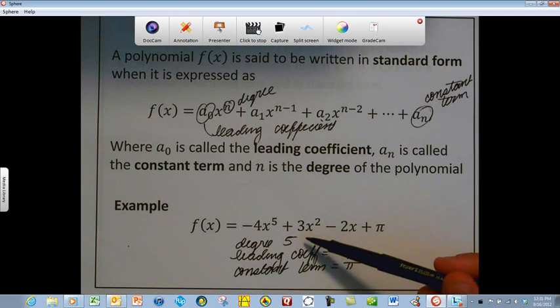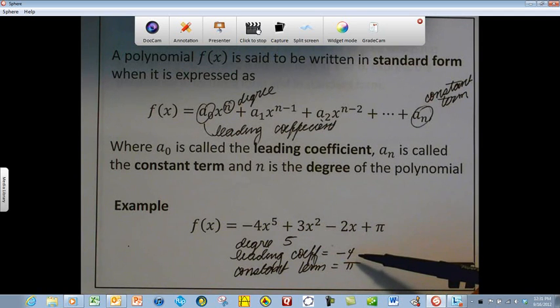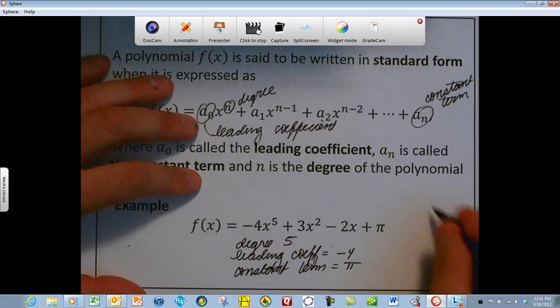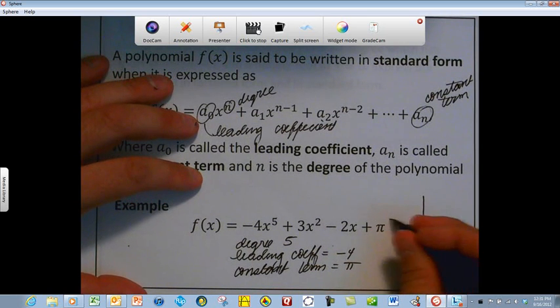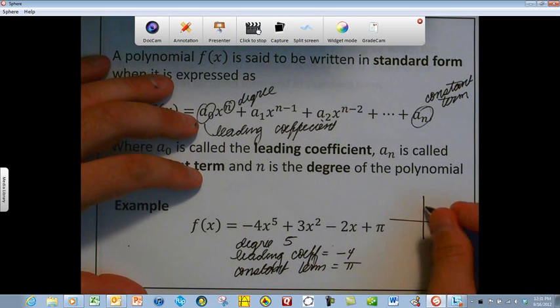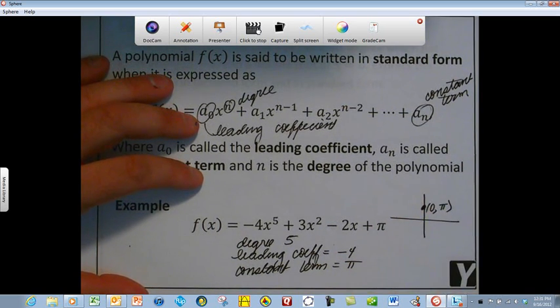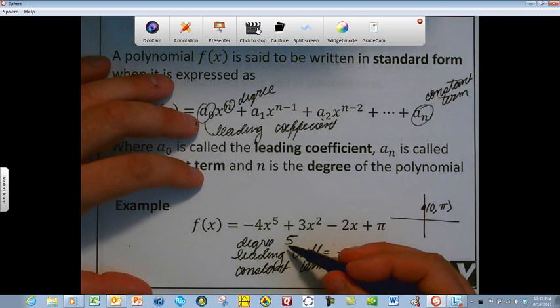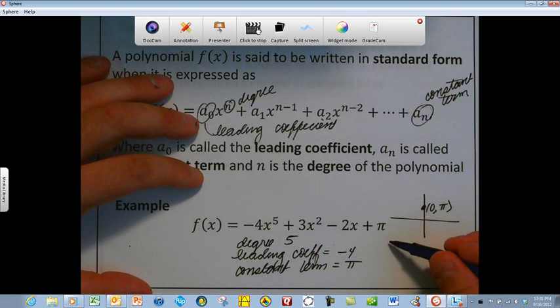Now, depending on where you are in the course, the fact that you have a degree 5 polynomial tells you a little bit about the behavior of the function. So does the leading coefficient, and so does the constant term. What it does help you to know is that the constant term means that you're going to have a y-intercept at 0, pi.